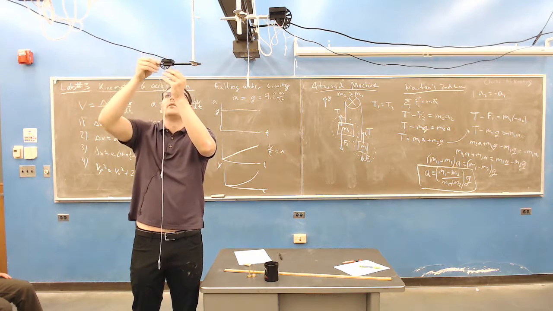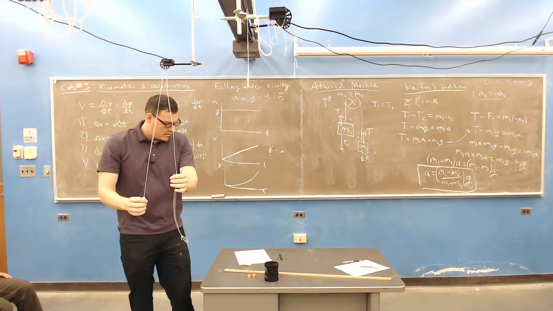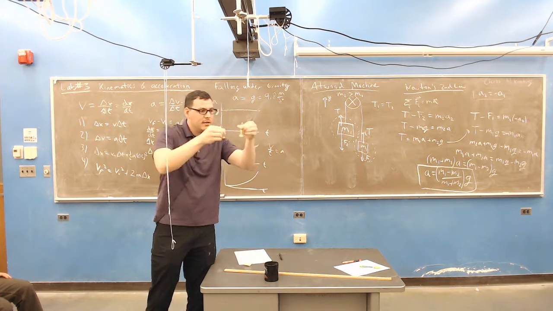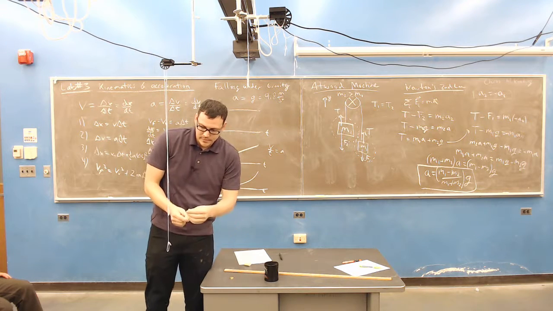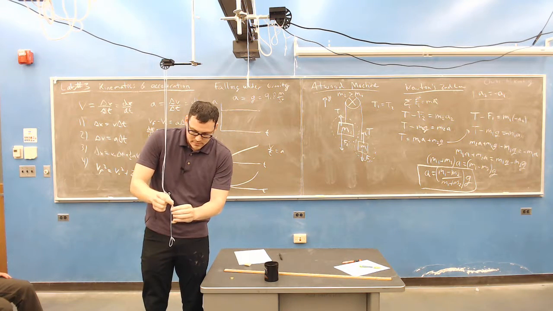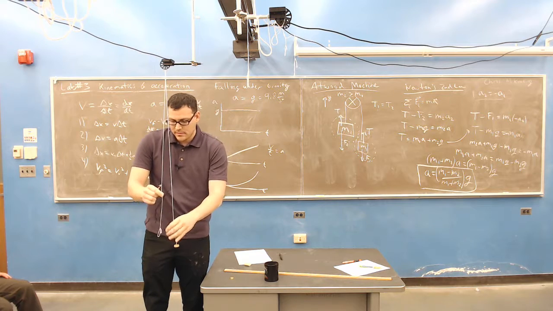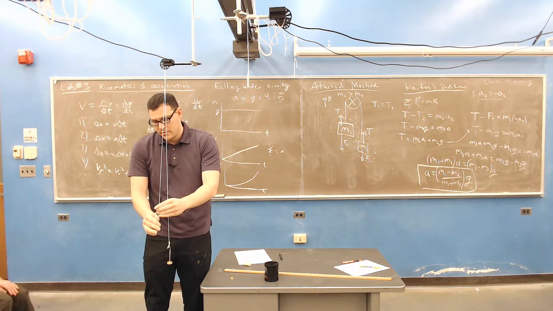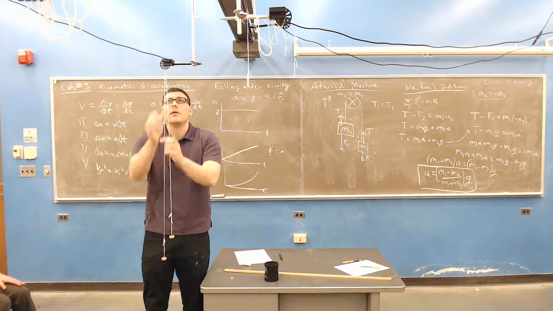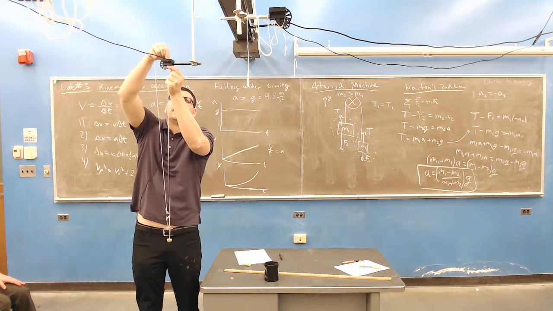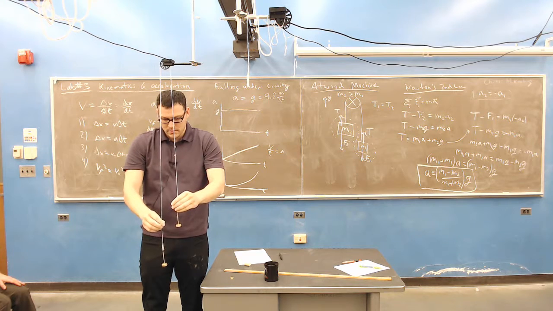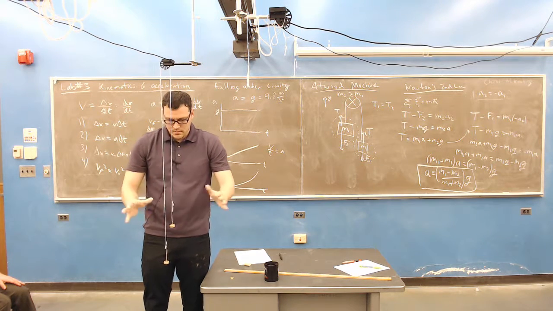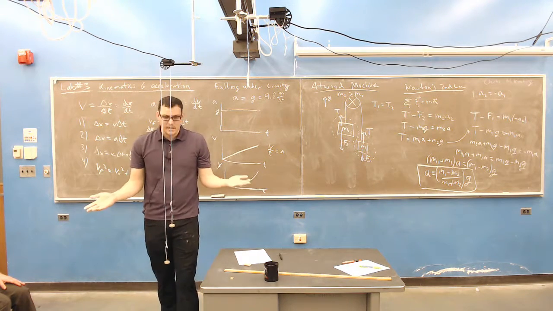So I have a string on a pulley, and I have some weights here. We'll do equal masses first because it's easier. What do we expect with equal masses? No motion. All right, it's not moving, good.